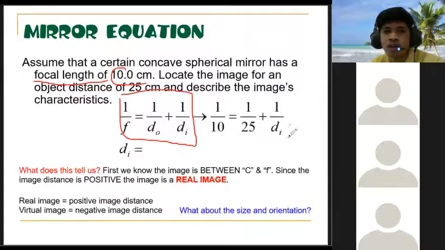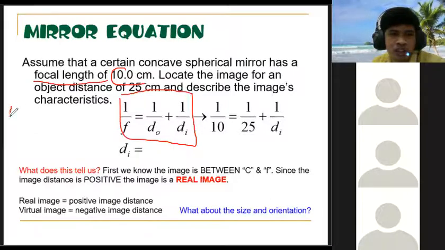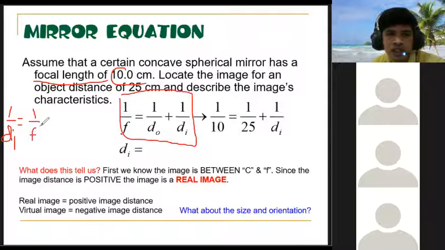Plus 1 over DI. In solving this, using your mathematics, get the LCD. 1 over DI equals 1 over F minus 1 over DO.